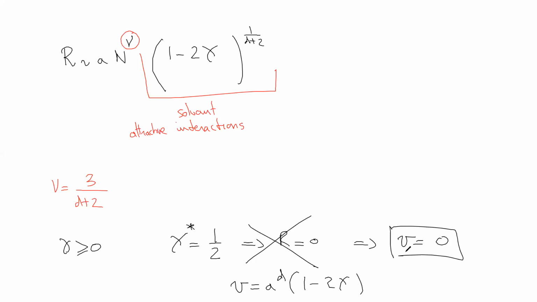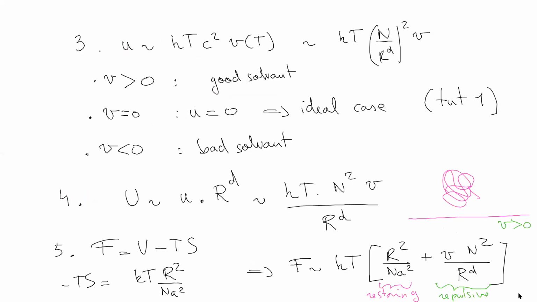So there is a specific value of psi for which, despite the fact that your system has a certain size and the monomers are finite in space, everything is as if the interaction was going to 0. You're killing the interaction. And so what does it mean if you kill the interaction here? It means that you are left with an ideal random walk. If I put V equals 0, well, I can stop at P0. There is no P1, there is no P2. And therefore, you're back to this guy.